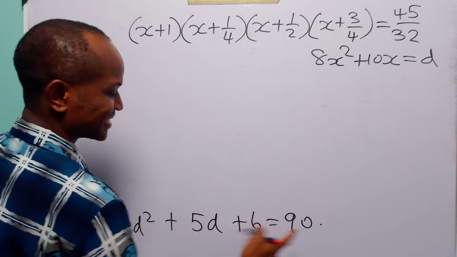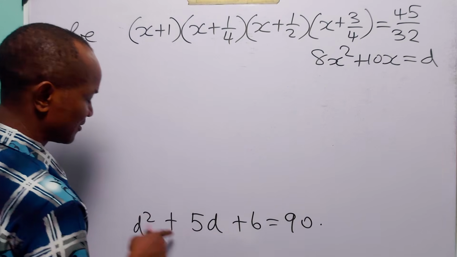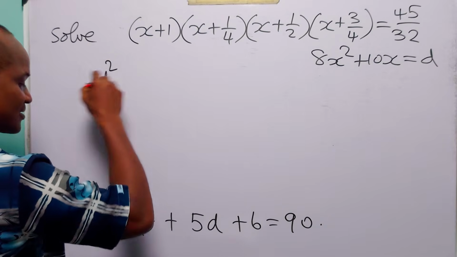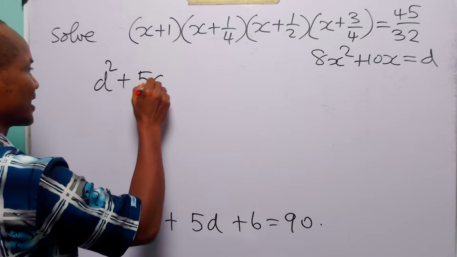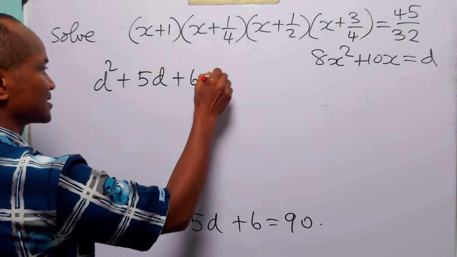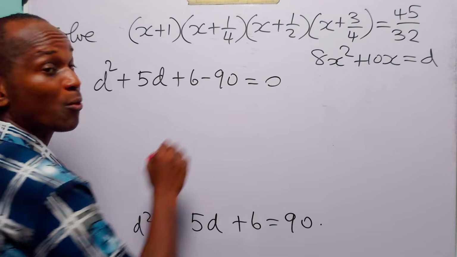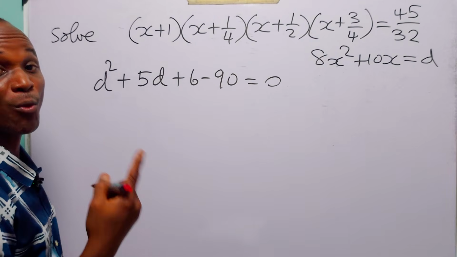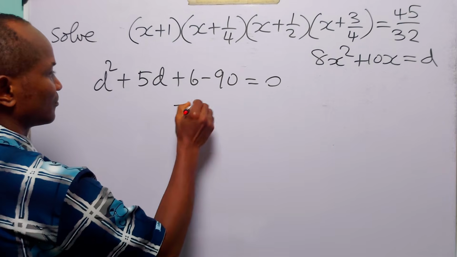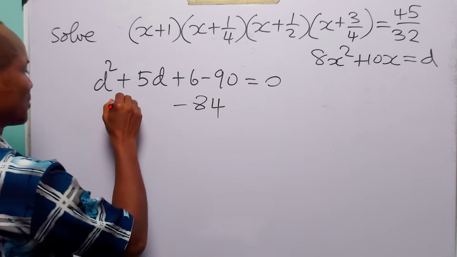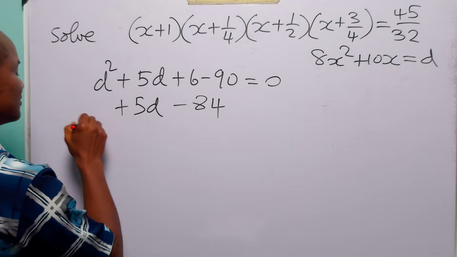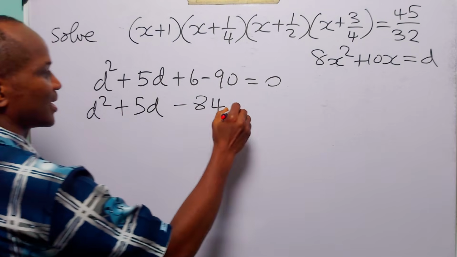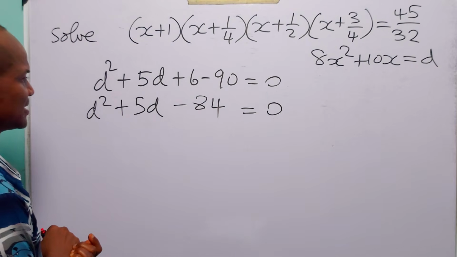And of course, subtracting 90 from both sides of this equation, we have d squared plus 5d plus 6 minus 90 is equal to 0. Now, 6 minus 90 is equal to minus 84, plus 5d. And of course, we have d squared, and this is equal to 0.